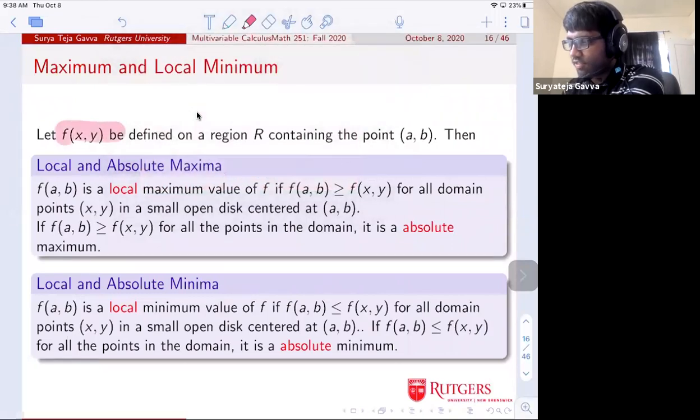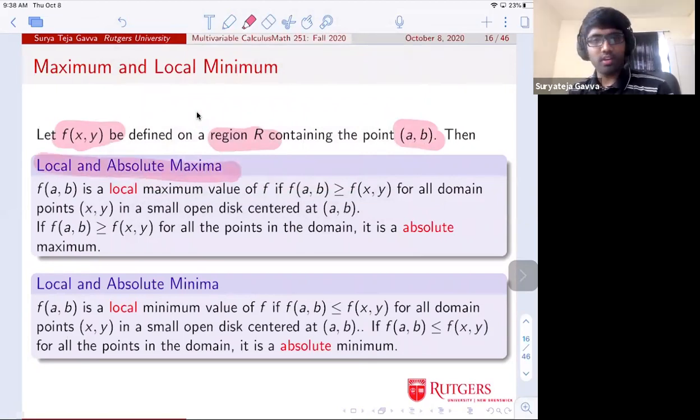If a function f of xy is defined on some domain, and you have a point AB, you want to understand these terms, local and absolute maximum. The value f of AB is called the local maximum if it is the maximum value of the function in the neighborhood around that point.